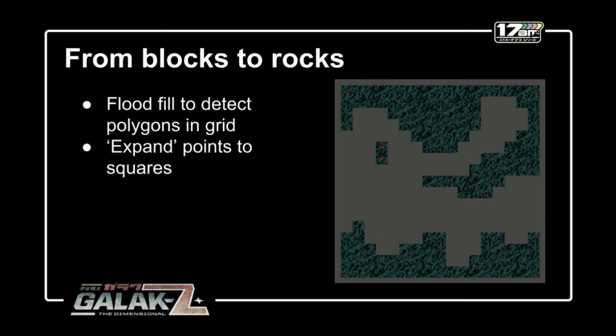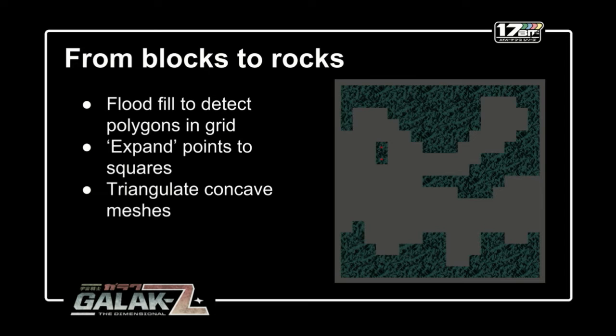Then we expand those points into squares. So you can see the red dot, or the two red dots, are where the cellular automata points were, and then we sort of extrude those out to make them bigger so that we can make a mesh out of those 2 points. So for each group of cells, we then take those points and we triangulate meshes out of those.